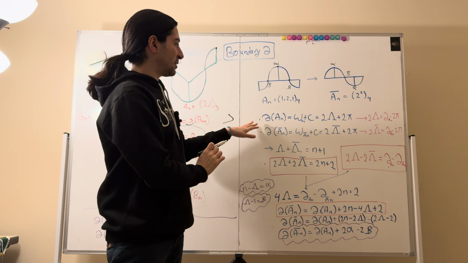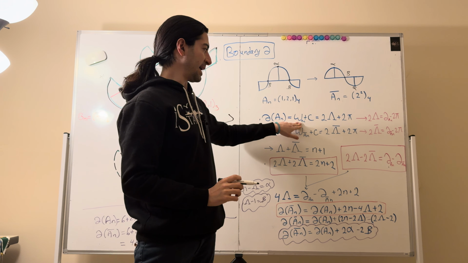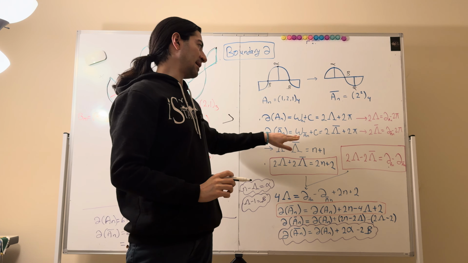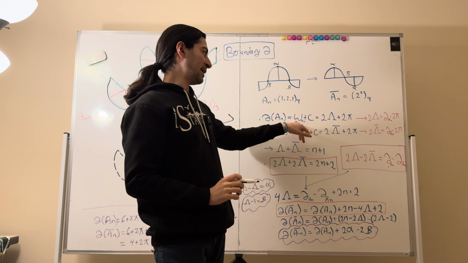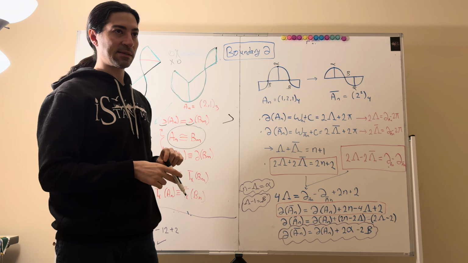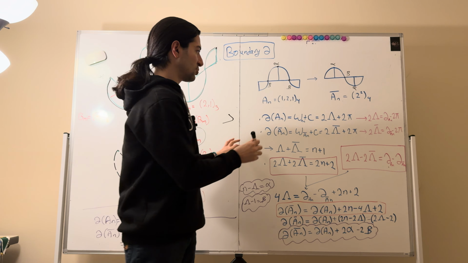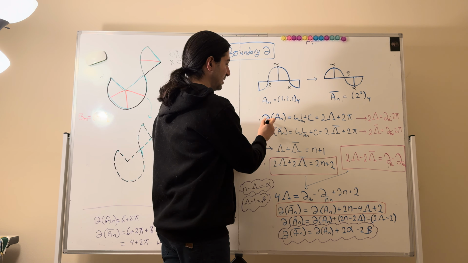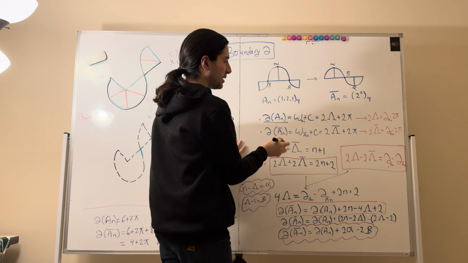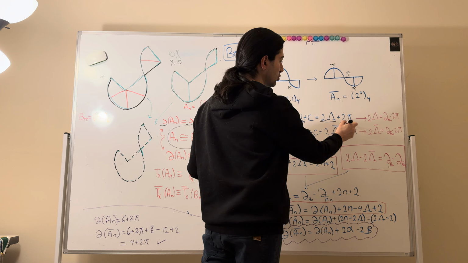But we know that the boundary of AN is equal to the walk of AN plus the curve. And we know that the walk of AN, or the walk of any sectoral structure, is 2 times lambda, or 2 times its order. So the boundary of AN is equal to 2 lambda plus 2 pi.